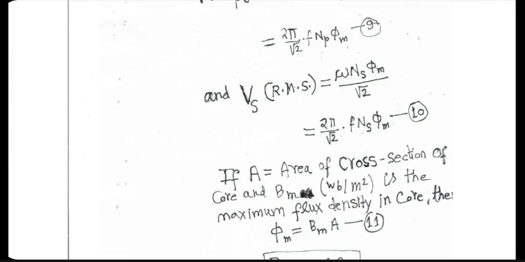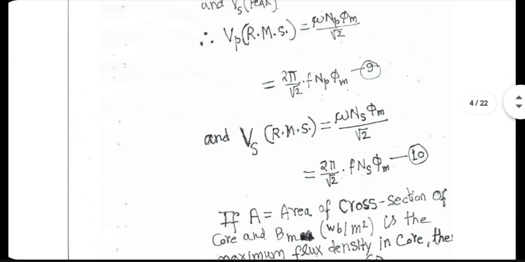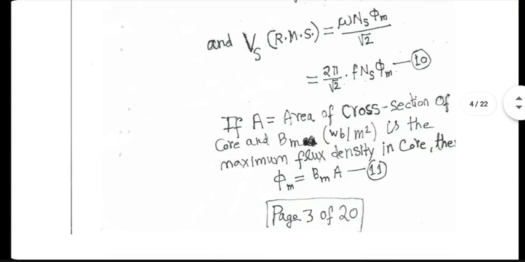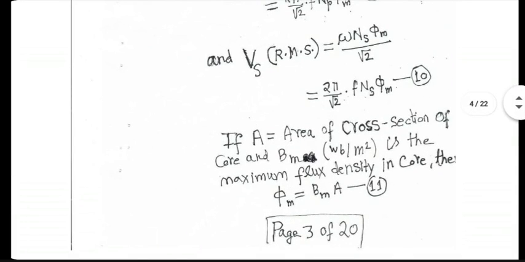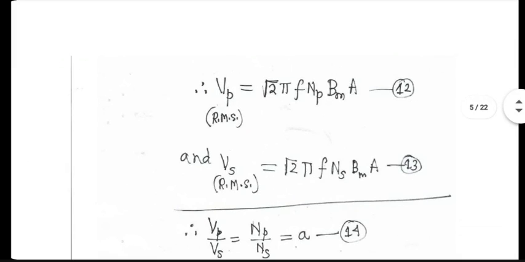So if I use that notation, then in both equations 9 and 10, I can remove phi m and put BmA, where A is the area of cross section of the core, which is known. And 2 pi divided by square root of 2 is square root of 2 times pi. So keeping that in mind, I get these equations.